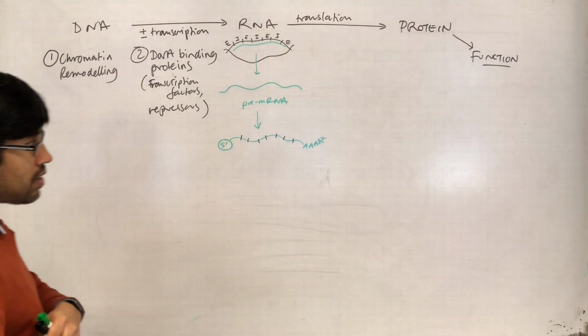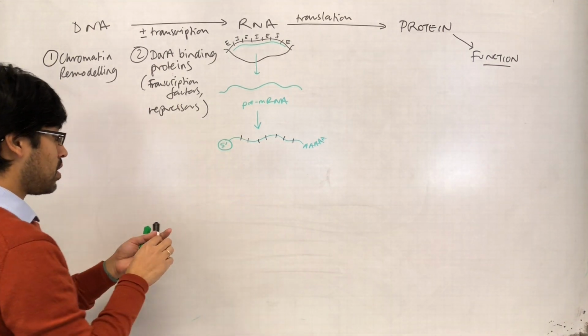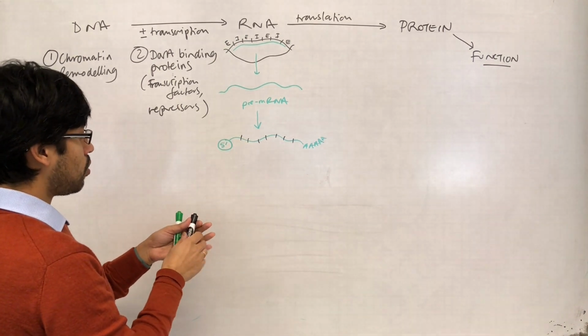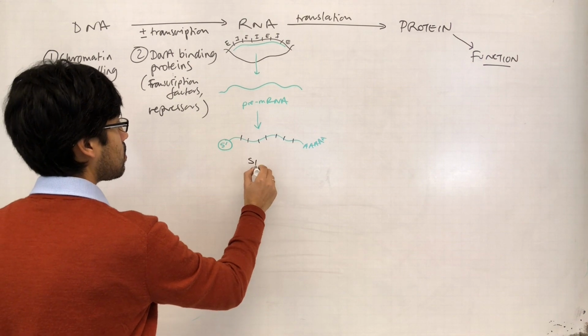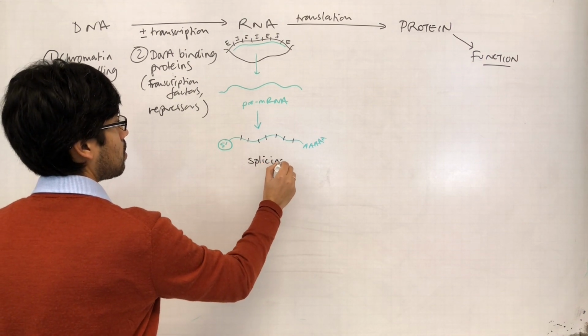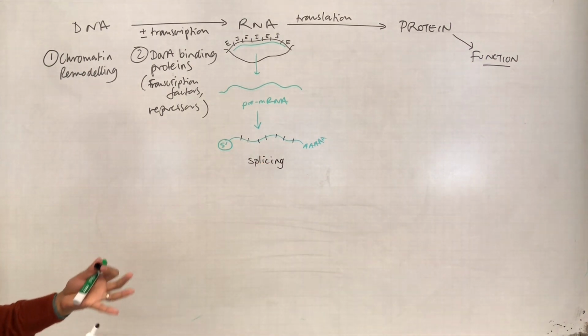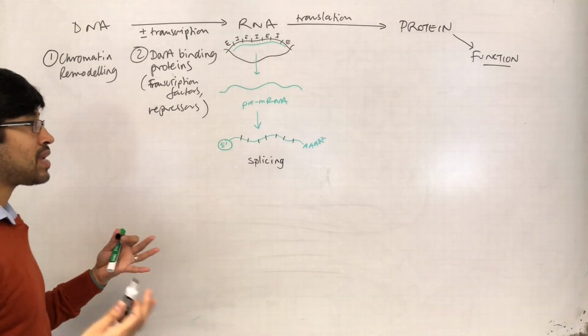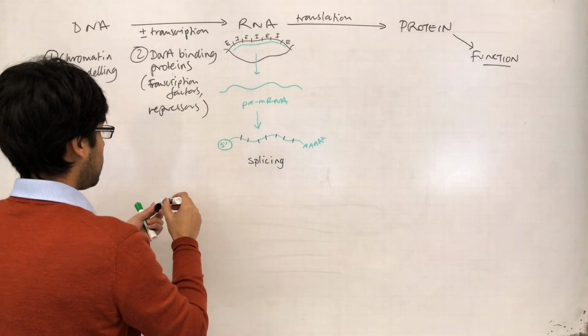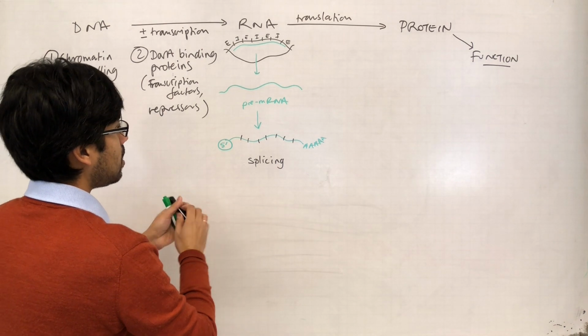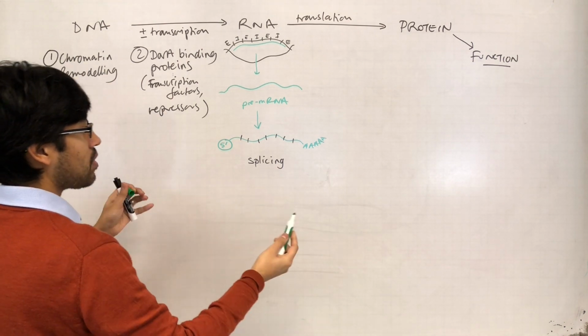So in order to get that, we need to remove the introns. This is done in a process called splicing. So the introns are spliced out. All the introns are cut out and the remaining exons are joined together.